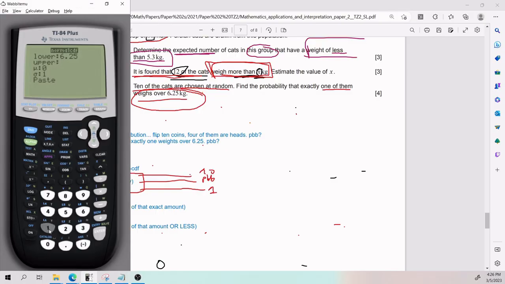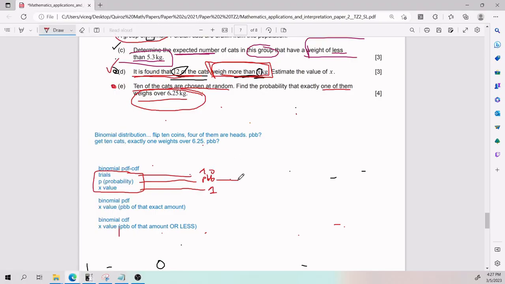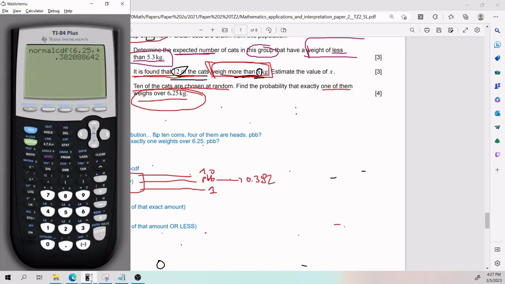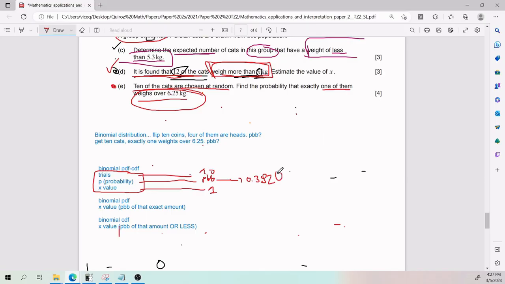My upper is going to be a very big number. This is going to help me find out the probability that any cat weighs over 6.25 kilograms. I plug in the mean, plug in the standard deviation, much like the rest of the problem. We get this amount, 0.382.